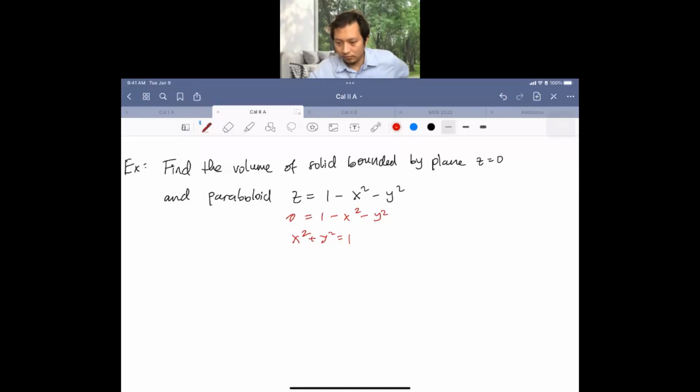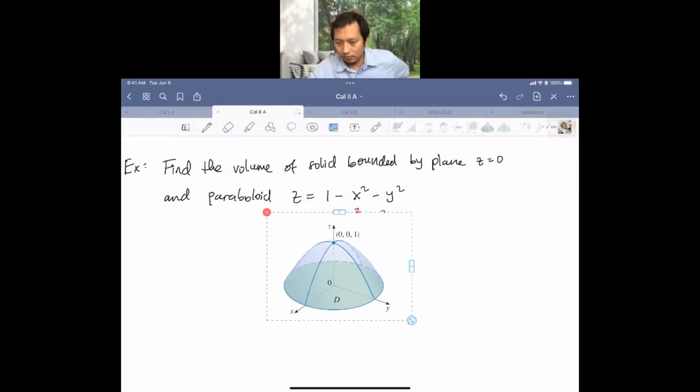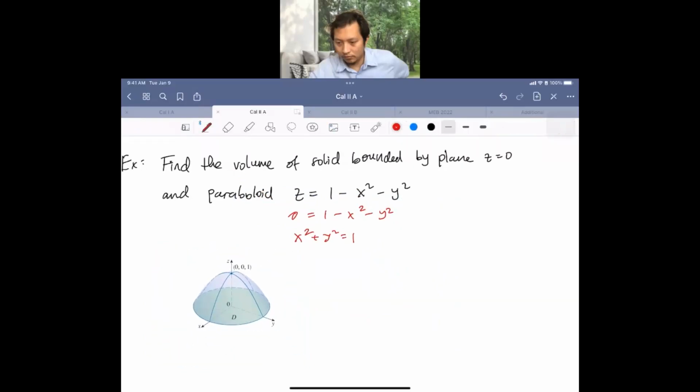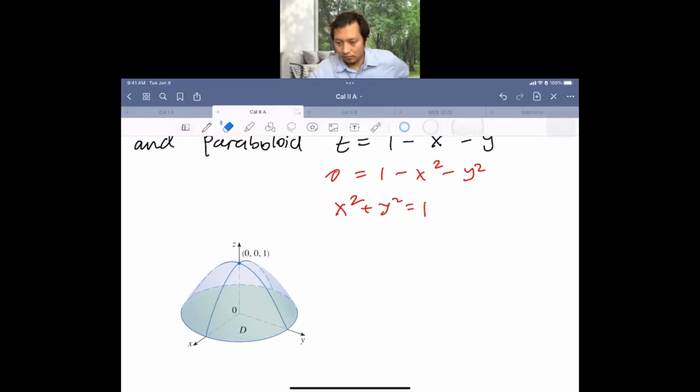We could draw it if you would like, but the important thing is to note that we have the circle. This circle will be our region of observation.